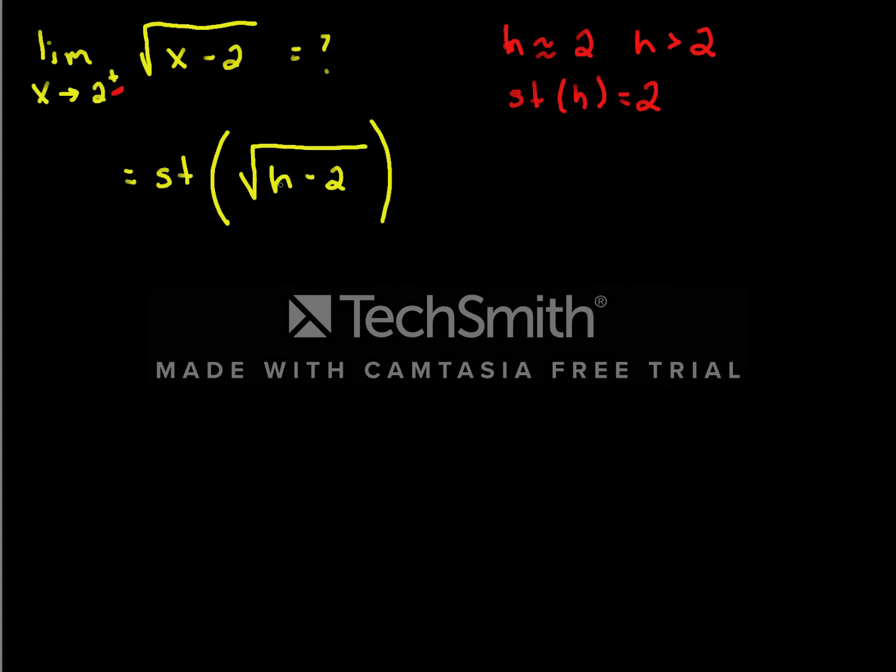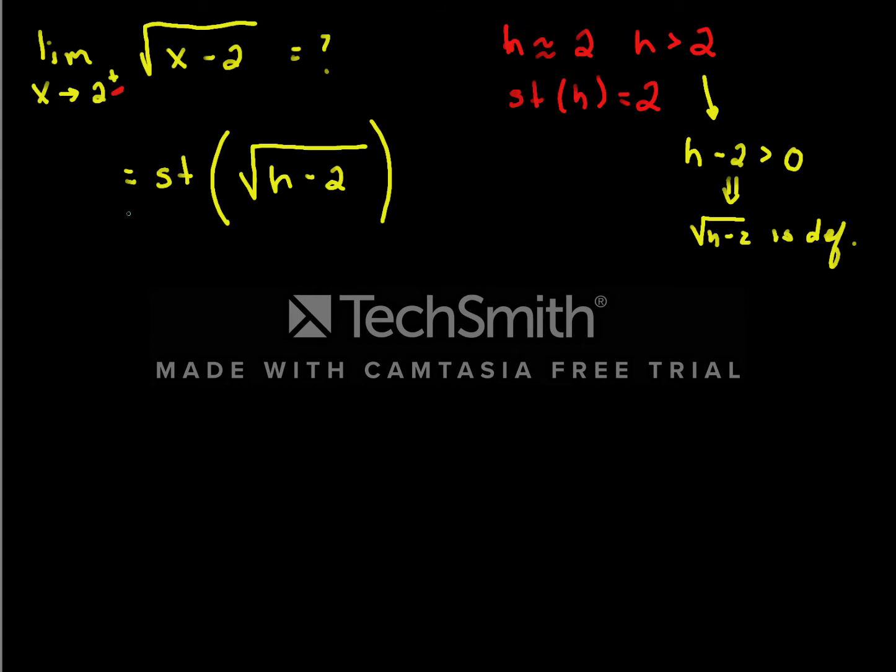But there is something we need to check before we do anything, because the standard part rule says that this has got to be defined. So let's make sure that h minus 2 is positive. Well, since h is bigger than 2, we could subtract 2 from both sides. So h minus 2 is positive, which tells us that the square root of h minus 2 is defined.